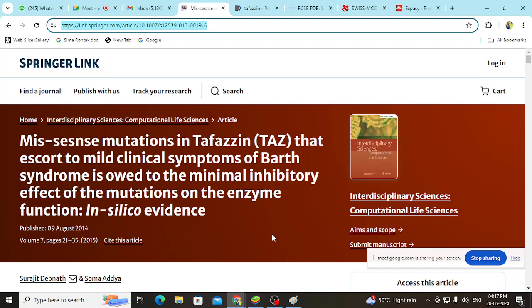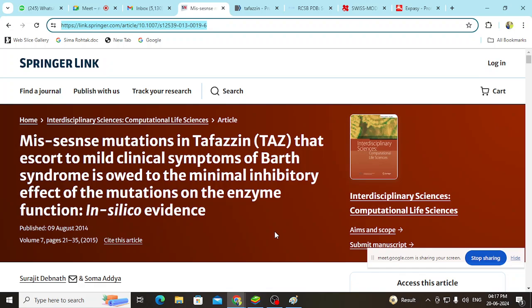We identified that there is a variety of exposure of the disease. Some people will instantly die. Some people will survive for a little bit, but eventually they may also die. What was the reason behind that? We found that there is a protein called tafazzin which is very important for cardiolipin metabolism.